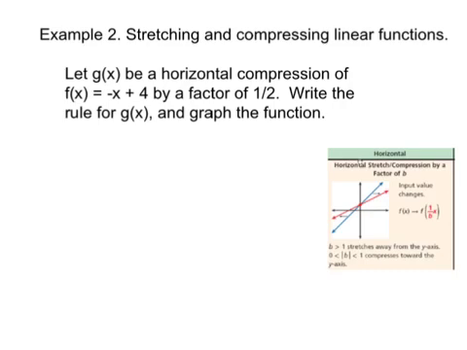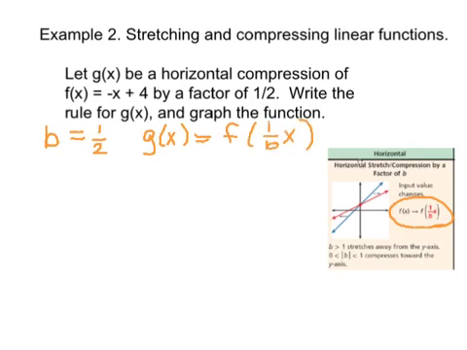Let g of x be a horizontal compression of f of x equals negative x plus 4 by a factor of 1/2. Write the rule for g of x and graph the function. Okay, b is 1/2. Our rule right here says that our new function equals f of 1 over b x.